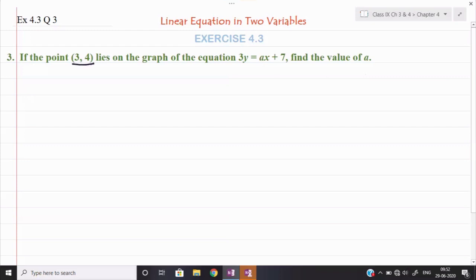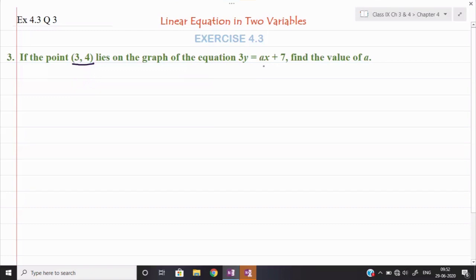So we can suppose it as a solution, because it lies on the graph of the given equation, and hence this point will satisfy the equation. Means in place of x if I put 3 and in place of y if I put 4, it will satisfy the given equation, means LHS and RHS will come equal. And if I do so, then I will get the unknown value a. So let us see how we can find the solution of this question.